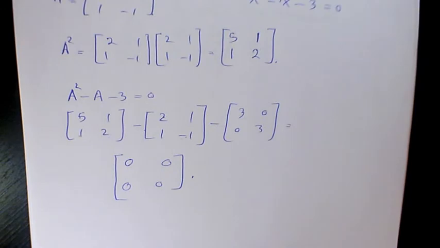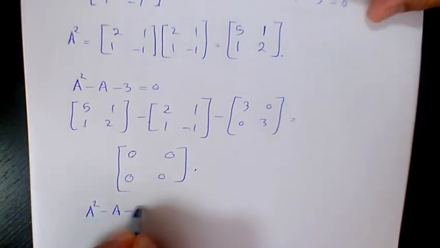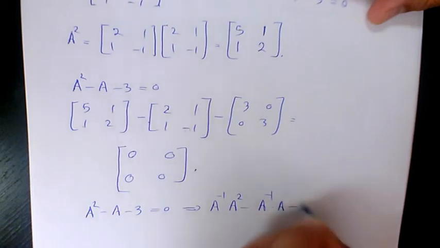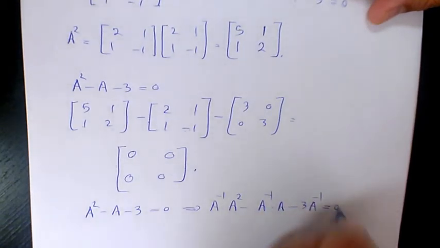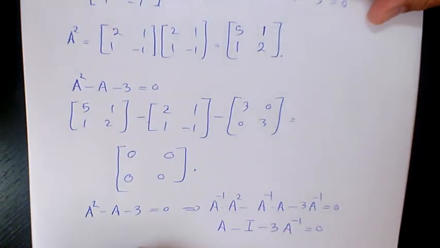Now if we want to find the inverse, we take A squared minus A minus 3I and multiply by the inverse. That's going to be A minus I minus 3 times the inverse, equal to negative, which means the inverse is 1 over 3 times (A minus I).